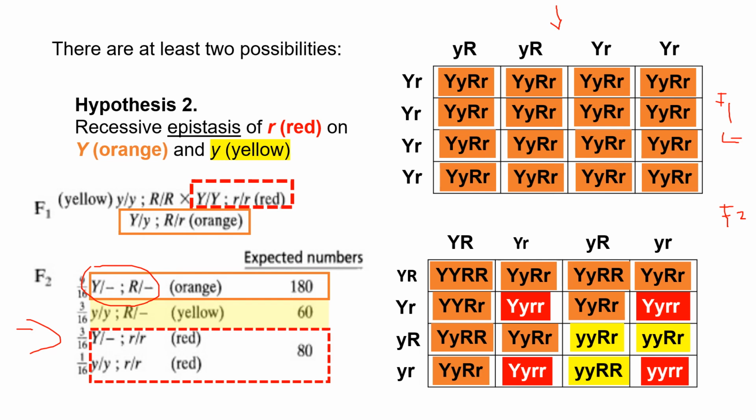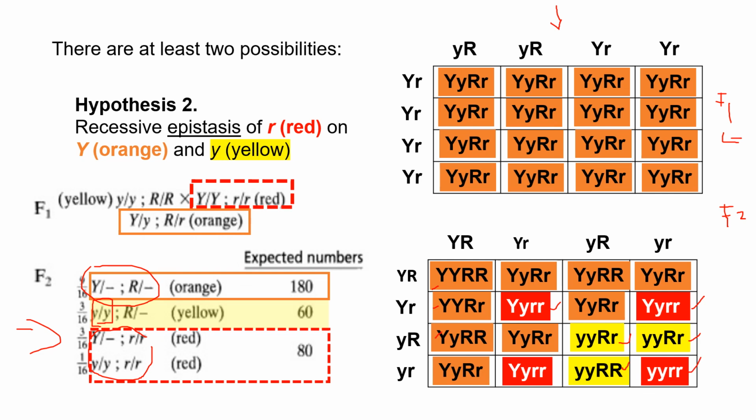So this can explain why you have so much orange, a higher probability of orange. When you have the white that is homozygous recessive, you get yellow, and this is why you have these three. And when you get a red one, the homozygous recessive for R, you get the red one.